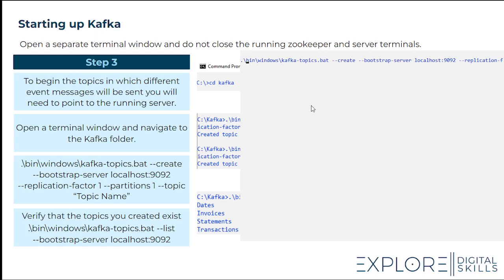That is the file name that you want to be starting up. And then I'm going to give it a set of instructions. I want you to create, so --create, and then space --bootstrap-server.